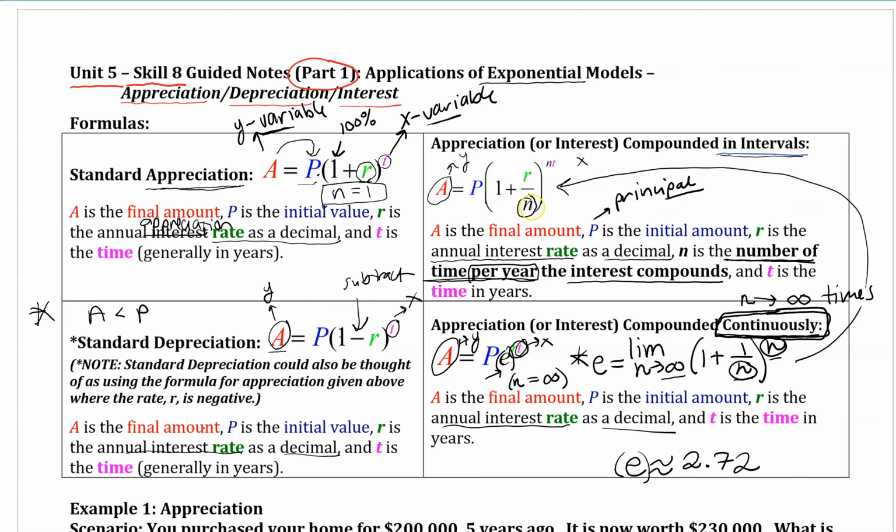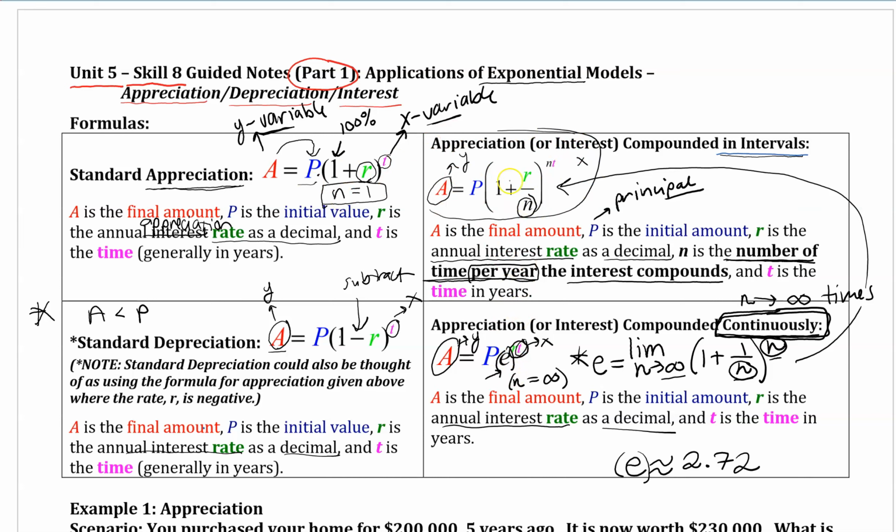When n is equal to infinity, this turns into e to the power of rt. When n is 1, this turns into 1 plus r to the t. So these three formulas are really all stemming from this one here. This is kind of like the original one.